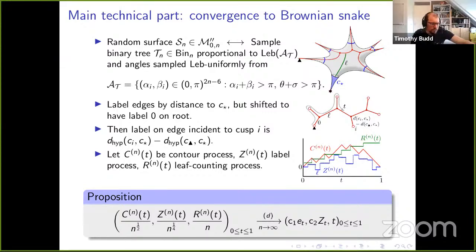Yes, so this is a good question. To go to surfaces that actually have some boundary components, or stable surfaces that have holes in them, one certainly has to go beyond hyperbolic surfaces with punctures, because we need some boundaries there.